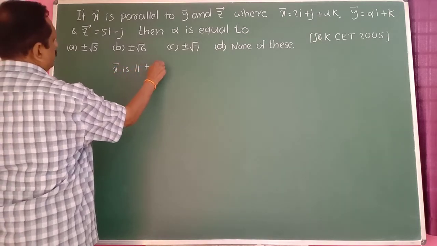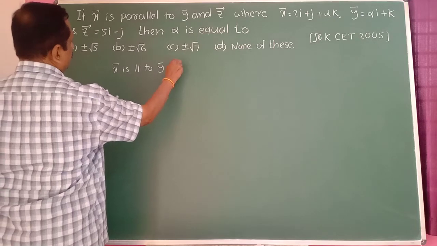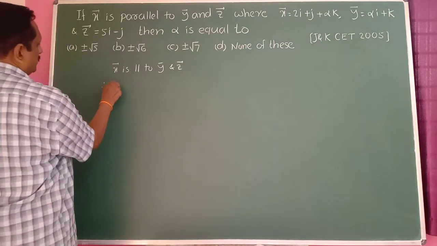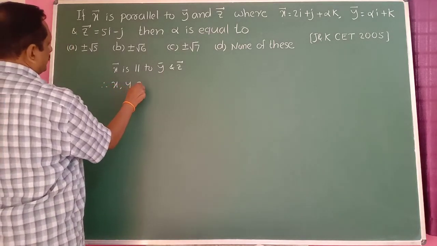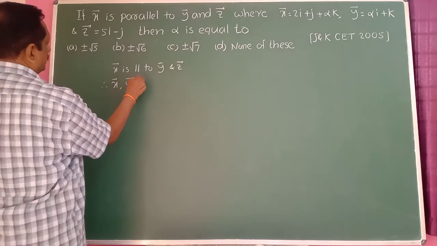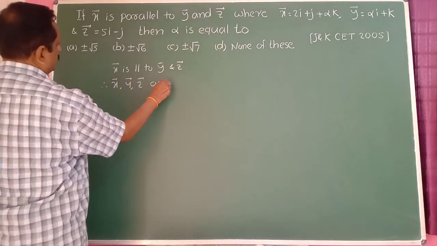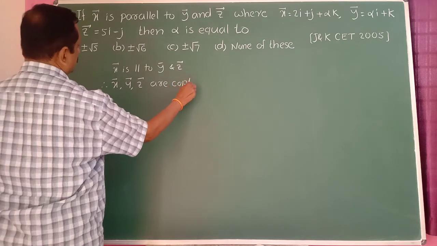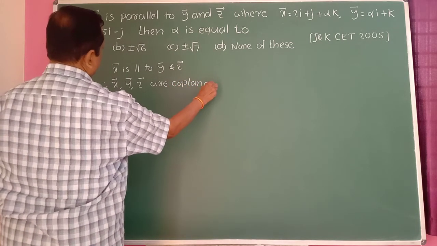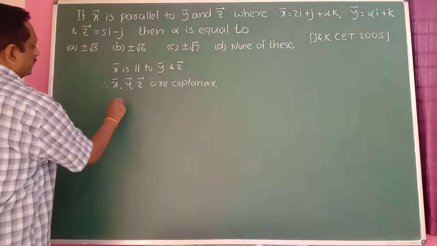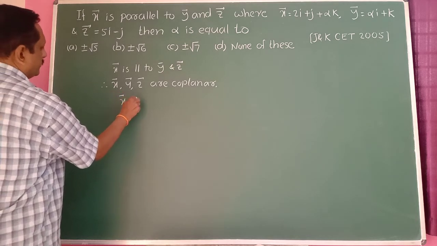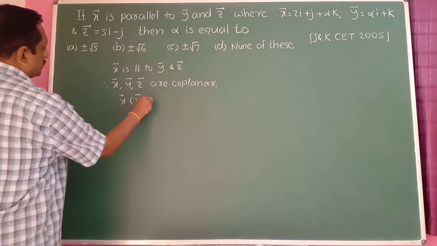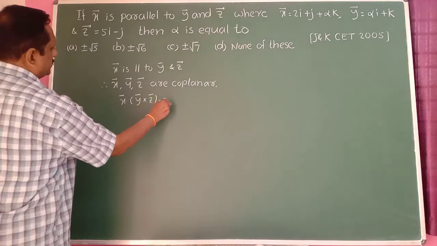Therefore x bar dot of y bar cross z bar is equal to 0.